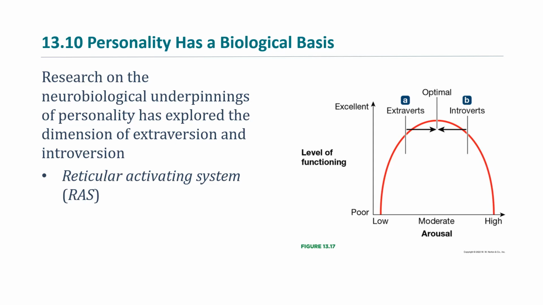To function optimally, they tend to seek out exciting activities. So if you look at this picture, the extroverts operate at a lower level of arousal, and this is why they seek more outgoing activities in order to reach their optimal level of arousal.